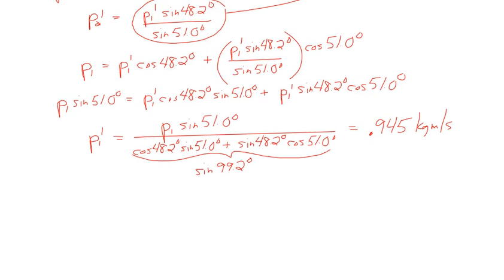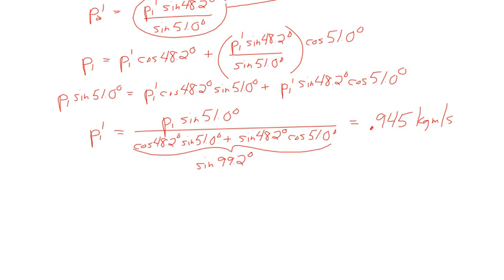So P2 prime is going to equal P1 prime times the sine of 48.2 degrees divided by the sine of 51 degrees.